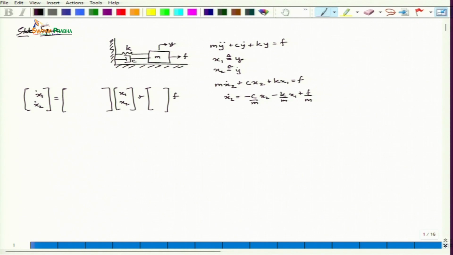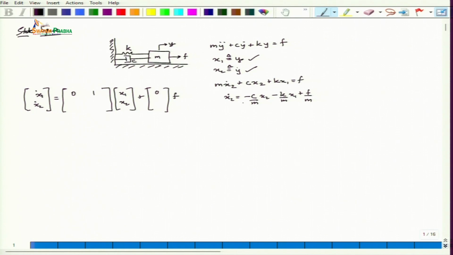So in this equation we need to find this matrix and this vector. So basically x1 dot, from this particular equation, will be y dot, and from the definition we can see that y dot is equal to x2. So we will have 0 and 1, and since there is no force coming in, this part will also be 0.